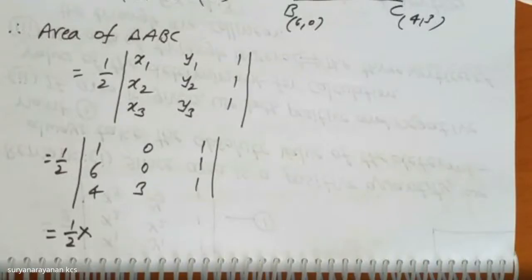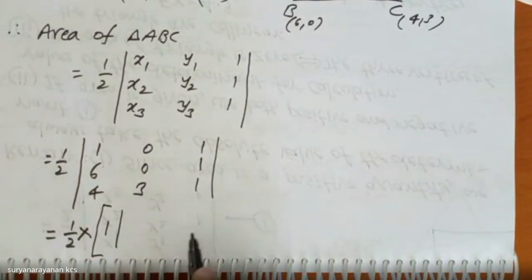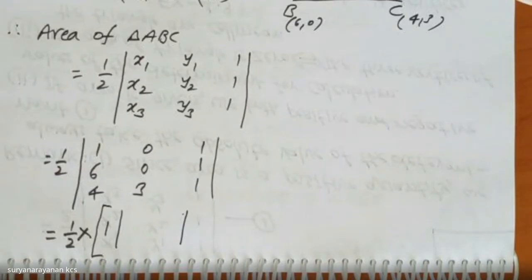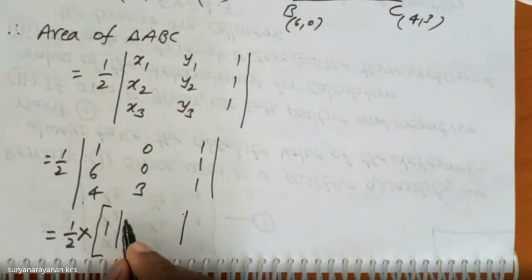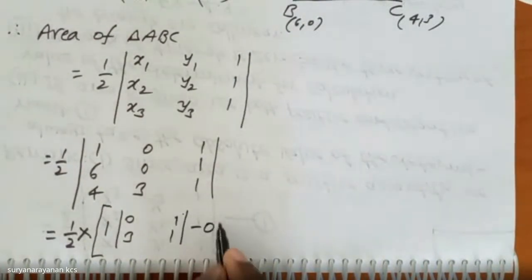Okay, tell me the steps. 1/2 into 1 into... what is the small determinant? Sir, 1 minute, I made one mistake, sir. 0 1 0 1 3 1. Next minus 0 into minus 0.